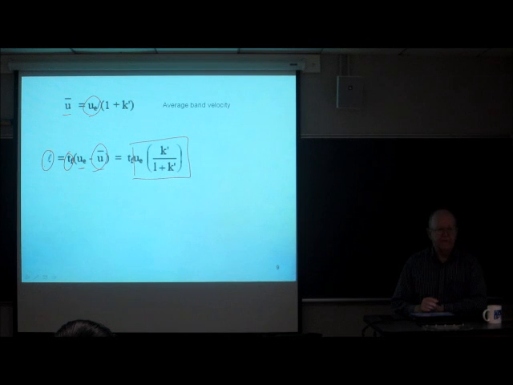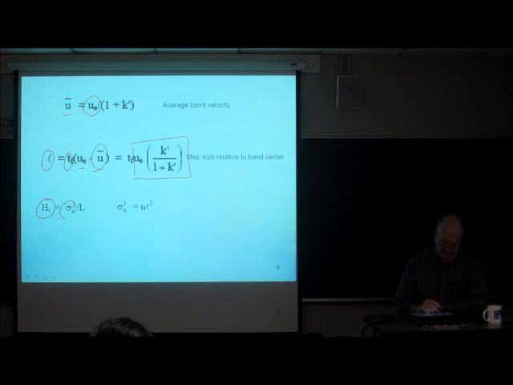So we're going to get sigma squared by plugging in N and plugging in L. So H is sigma squared over L. Sigma squared is N times L squared.